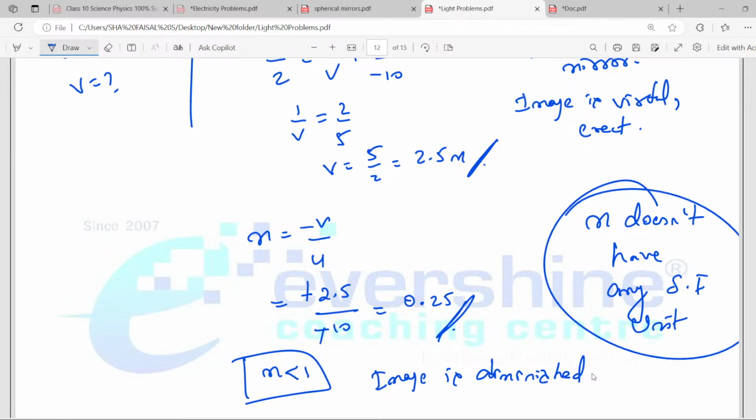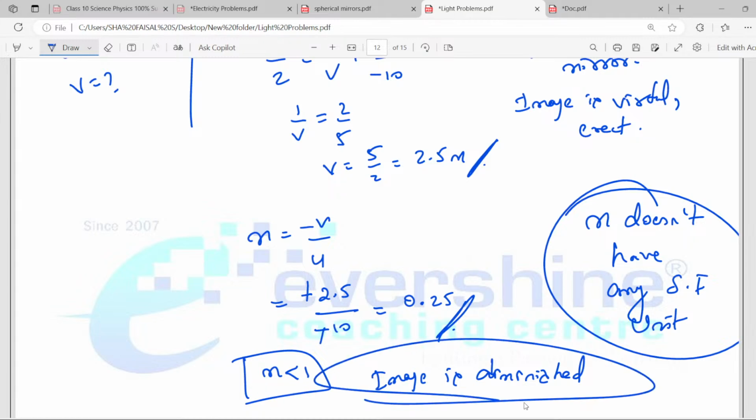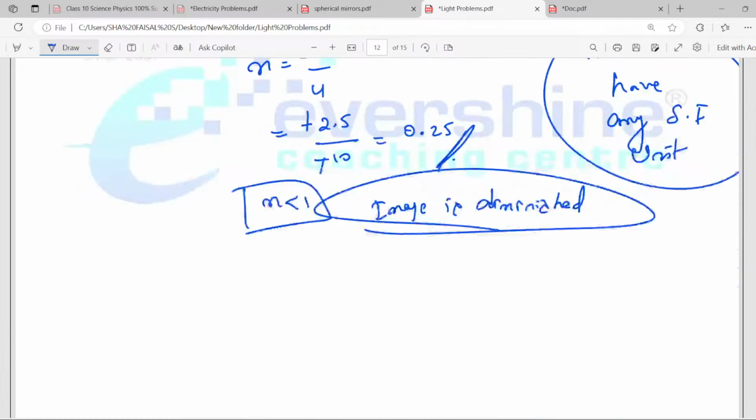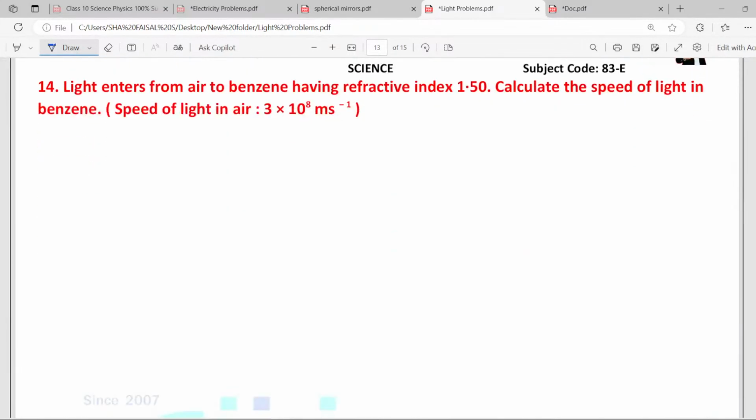So the image is virtual. Understood? Is this clear? By seeing the magnification, we say whether it is diminished or enlarged. So it is diminished. Clear? Is the concept clear? Very good.